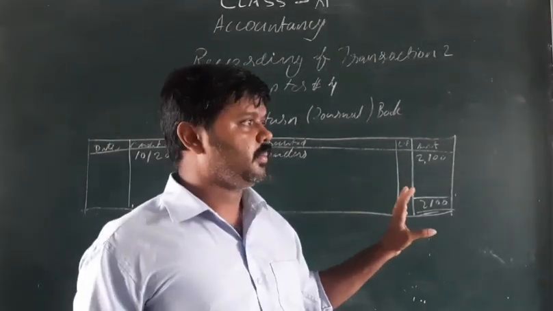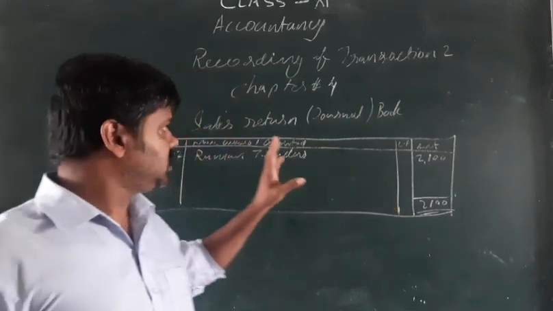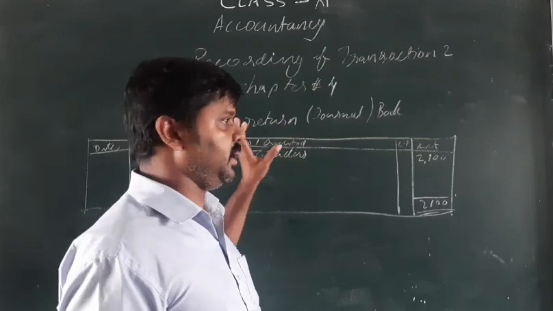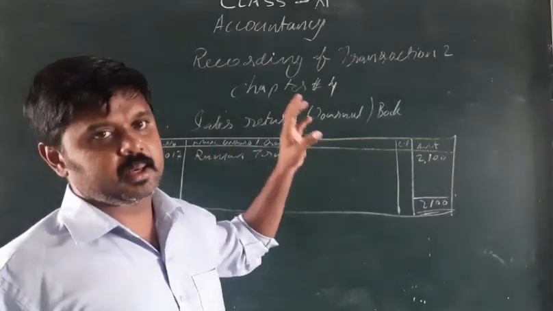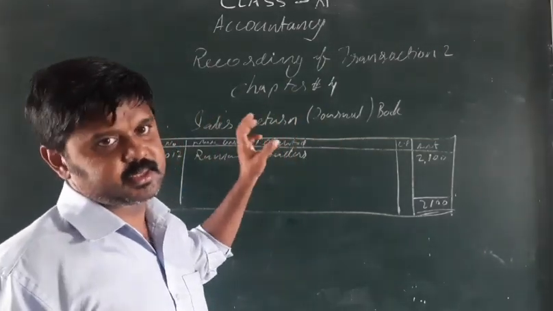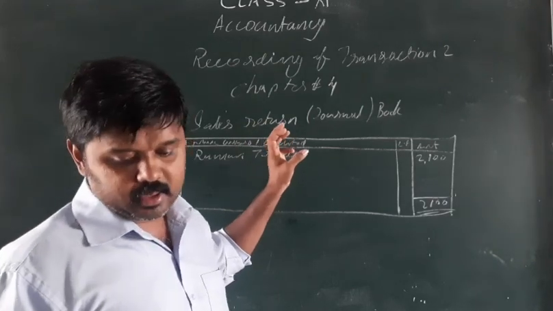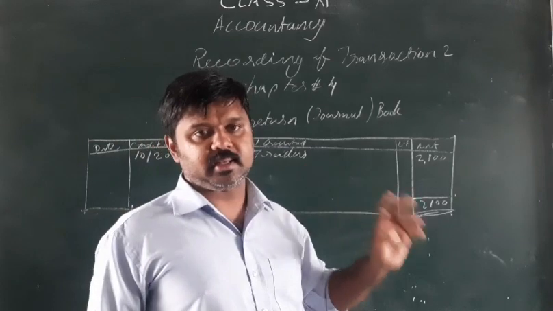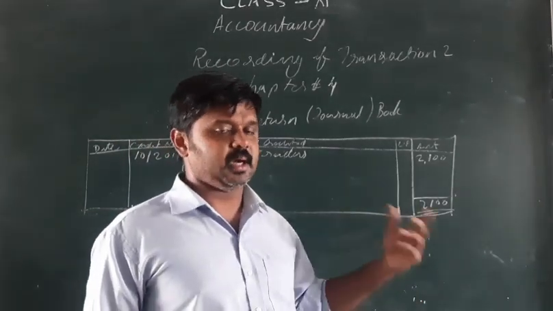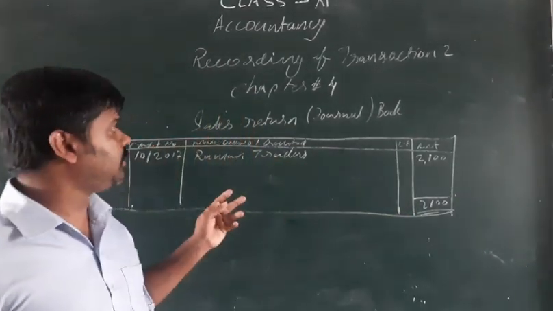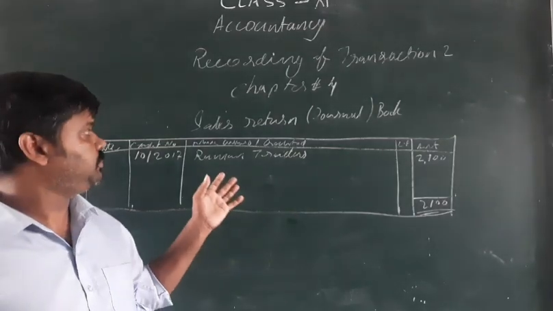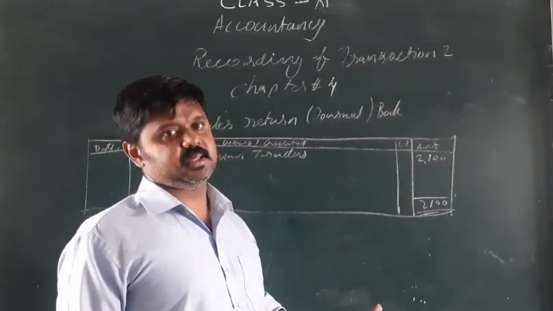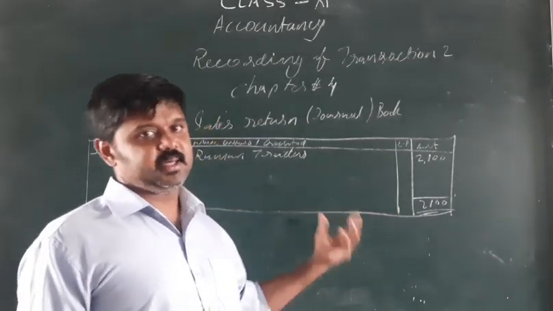For the repeated items, like purchase return, sales return, bills receivable, bills payable, or cash book, we are maintaining separate books. All of those transactions we record in the separate journal book.